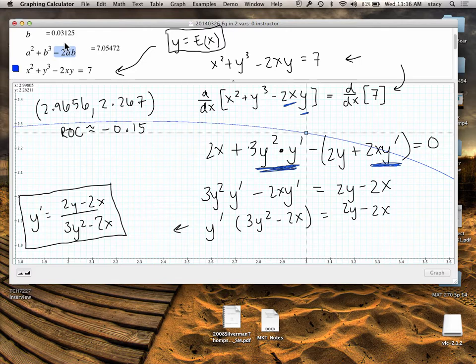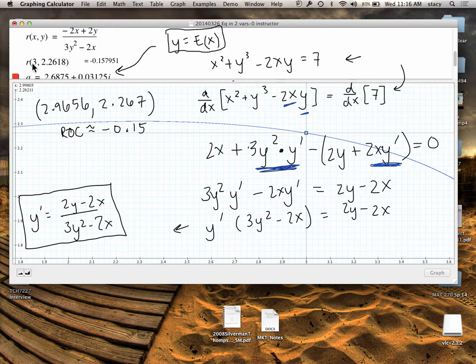Let's use the formula. I've already typed in the formula here, and notice it's a function of two variables. It's the rate of change of y with respect to x, but it requires the inputs of x and y.